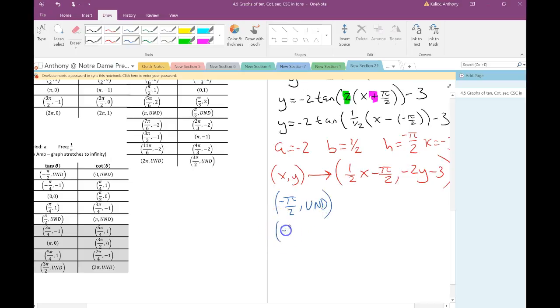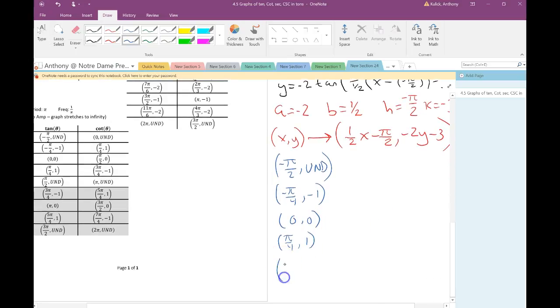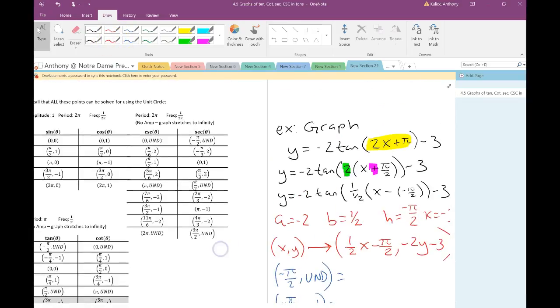So I'm just copying down now the key points for the tangent function. Notice that I have the letters U and D there. What do you suppose those stand for? You guys have already evaluated tangent and seen that sometimes tangent is undefined, right? When is tangent undefined? The same time that cosine is equal to 0.